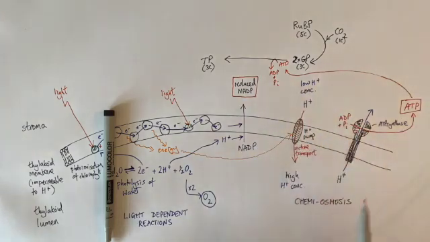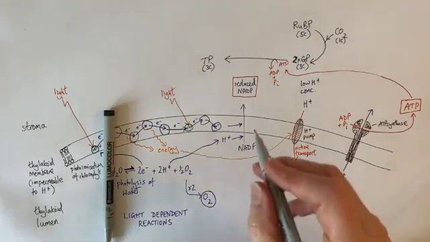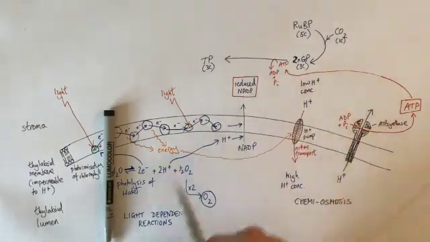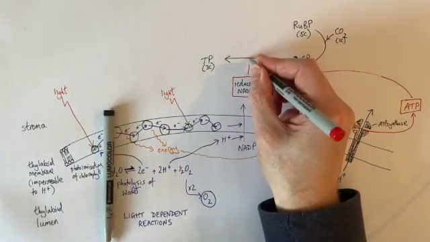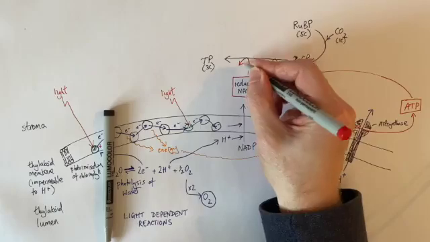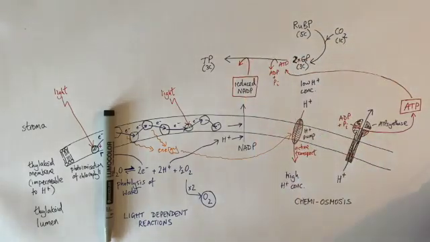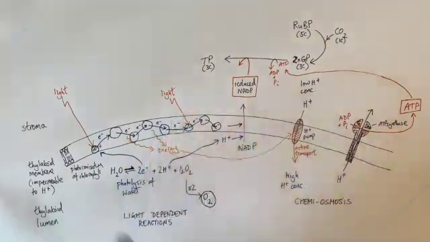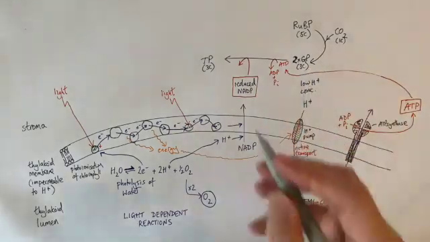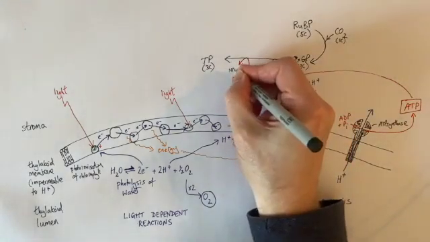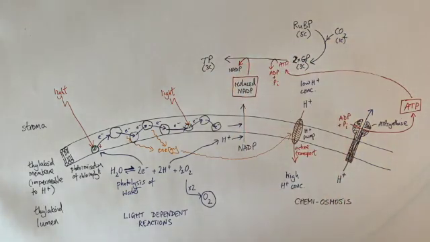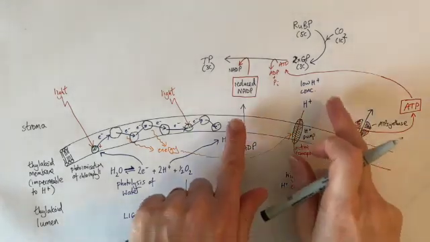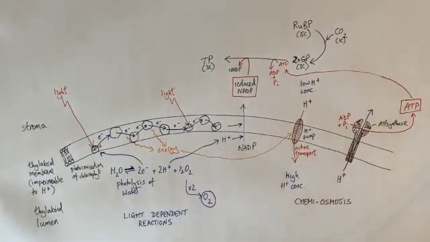I won't put the arrow on because it'll confuse things more. But also we've got the reduced NADP. And the reduced NADP is also used in this reaction to give electrons and hydrogen to the GP. And so we get NADP formed. So that is how the two processes are related.